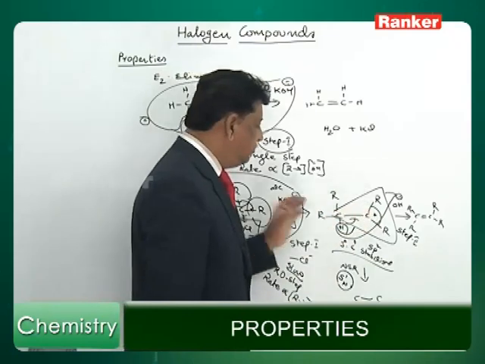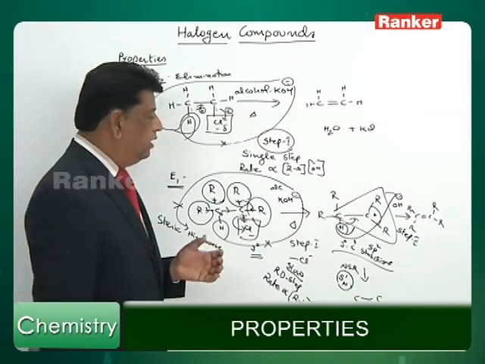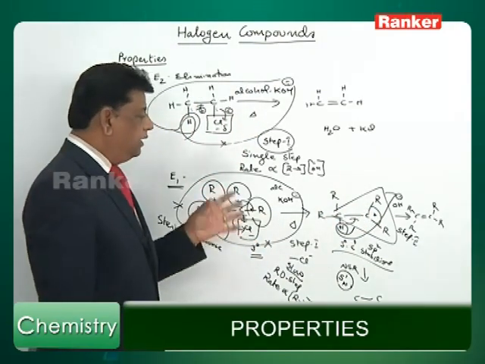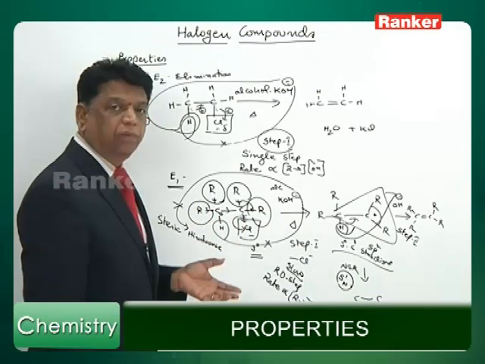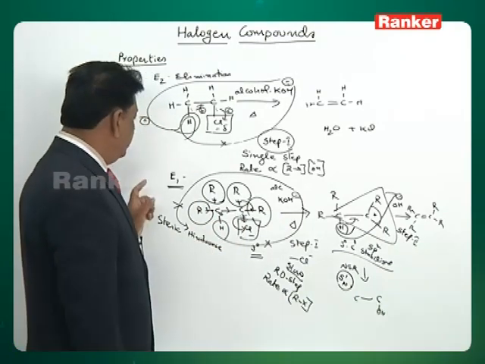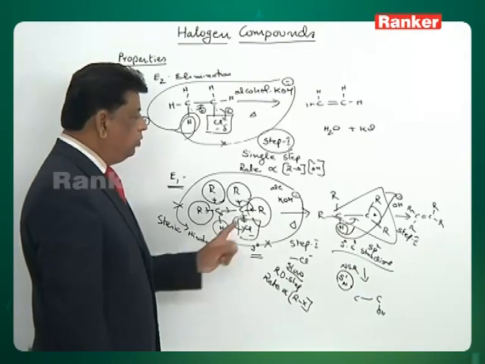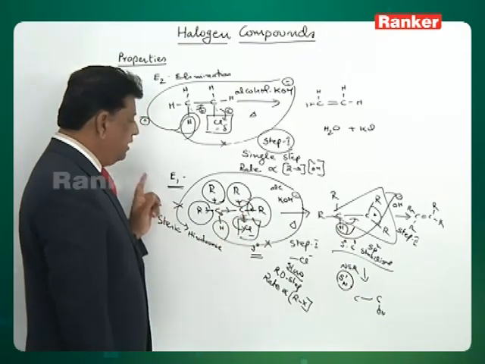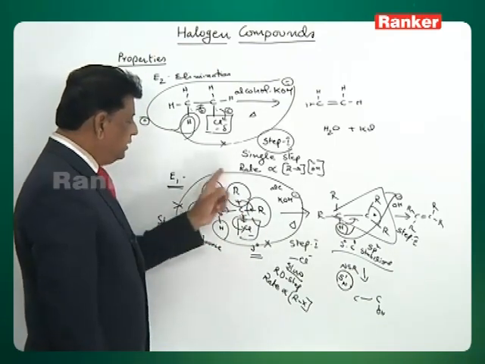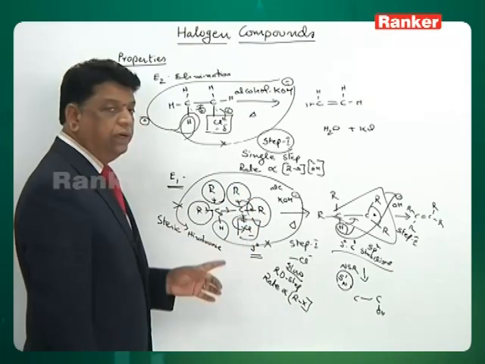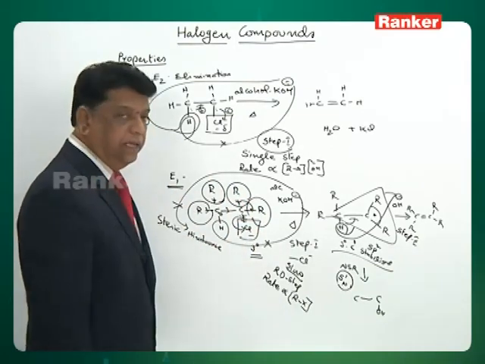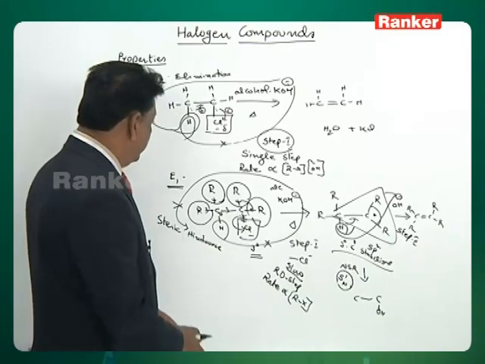Then the migration of carbocation, ring expansion, all such complicated issues will come whenever a carbocation is involved. So, even though the mechanism is going through 2 steps, the concentration of the alkyl halide alone will decide. That's why it is called E1, that is, unimolecular elimination.